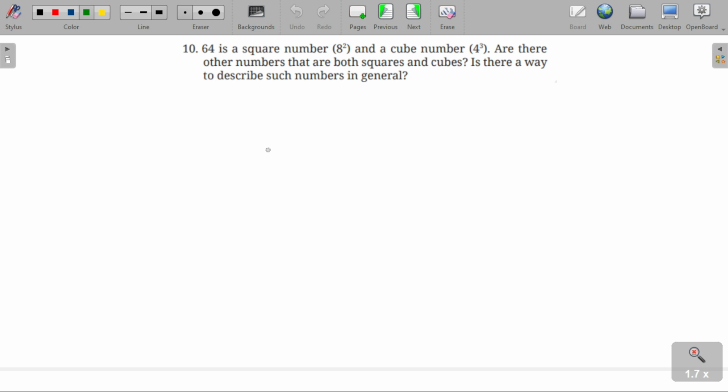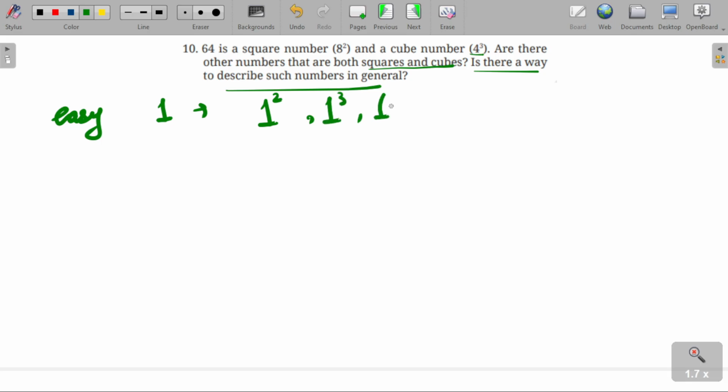64 is a square number and a cube number also. Are there any other numbers which are both squares and cubes? Is there a way to describe such numbers in general? See, the easy number you all know is 1. 1 can be written as 1 square, 1 cube, 1 to the 6. 729 is another number which can be written as 3 raised to 6, 9 cube, 27 square.